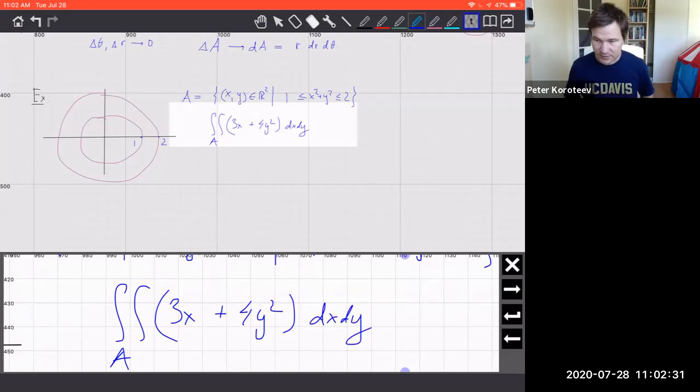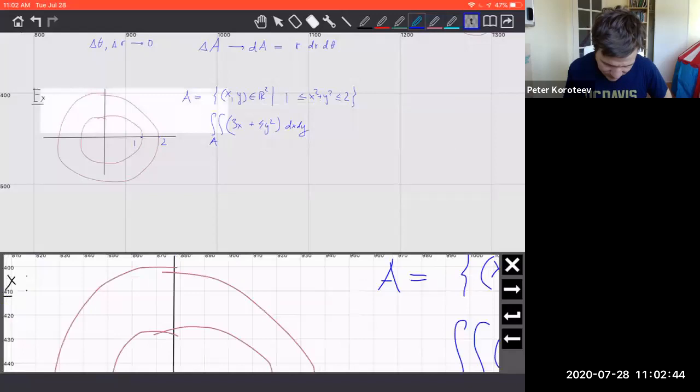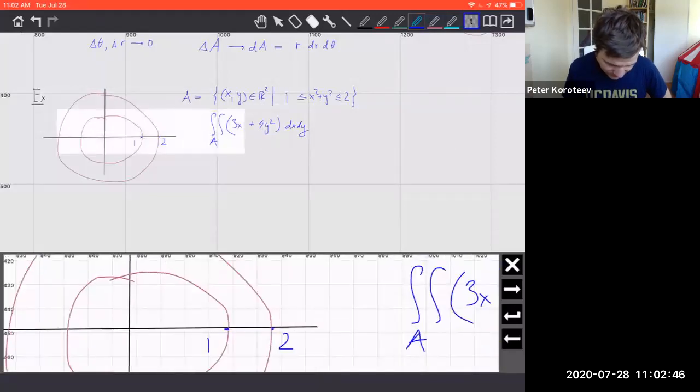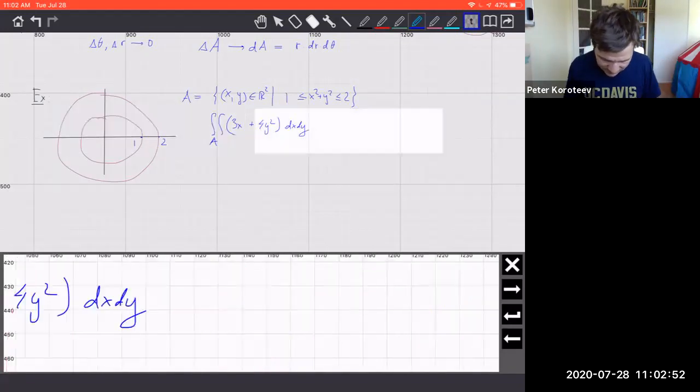So we can see the meaning of the polar coordinates, right? It's useful to use polar coordinates if the domain, not the function, but rather the region over which we're integrating, has circular symmetry, which of course is the case here.